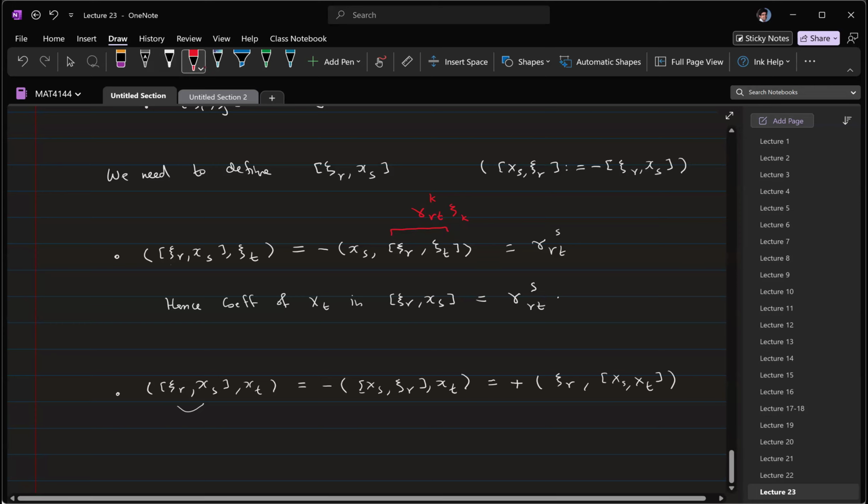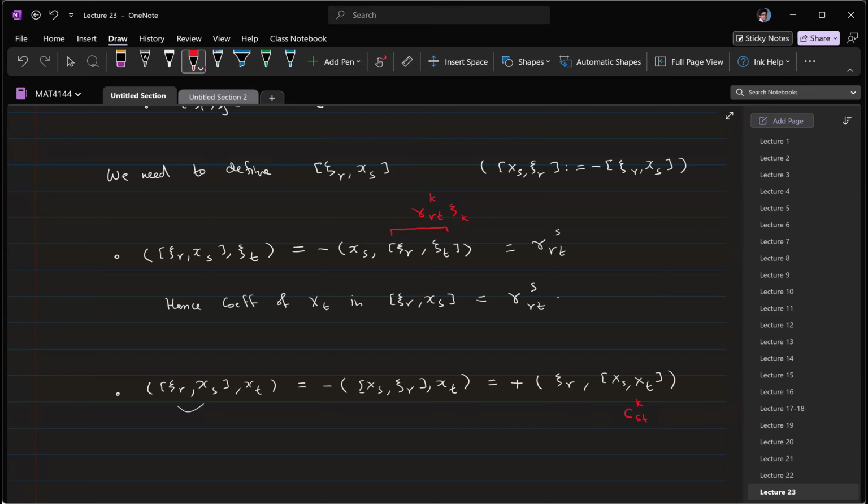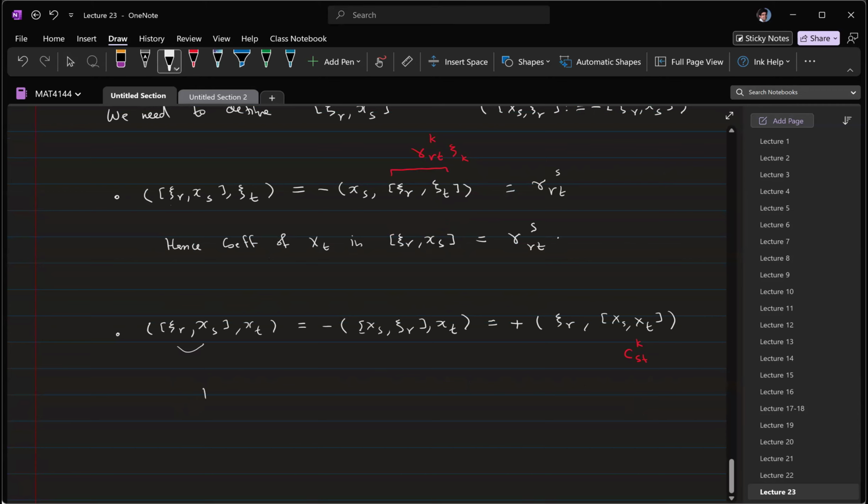And now the coefficients here are c, s, t, k, but the only time you get something non-zero is k equals r, and that will describe the coefficient of CT in the same product that I was interested in. So the coefficient of CT in the bracket of CR and XS is c s t r.